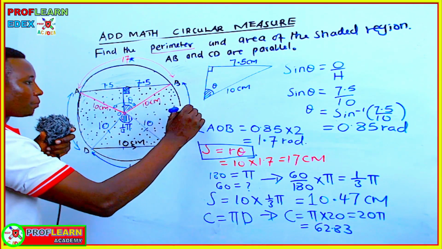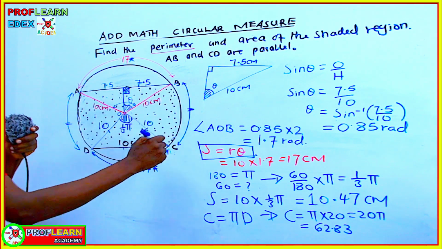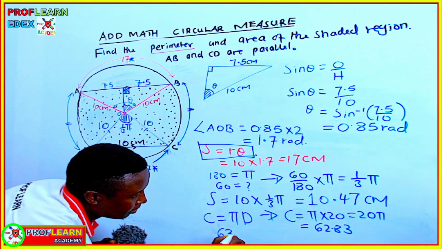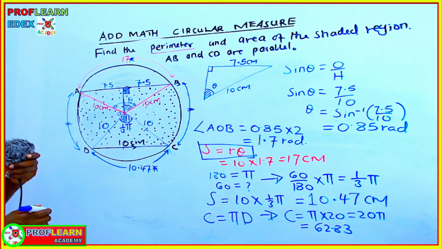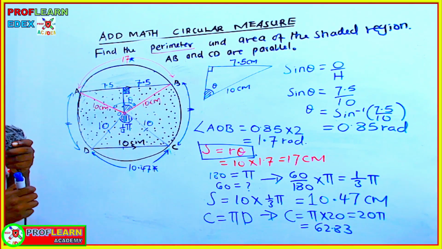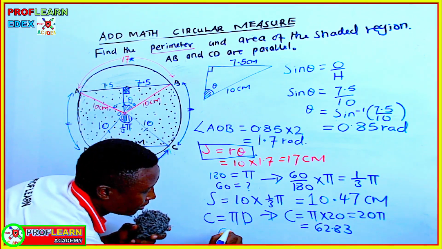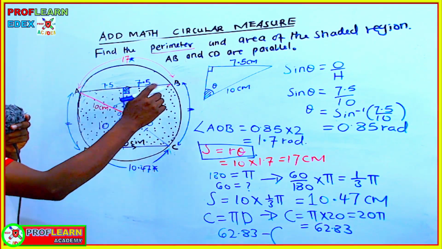So the entire circumference is 62.83. So what will be this part here and this part here, which is AB and BC? I'm running out of space. So I'll say 62.83 minus the sum of this and this.